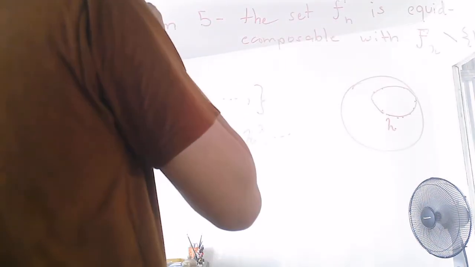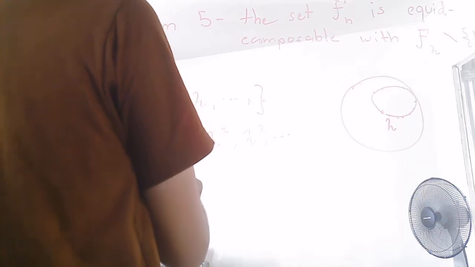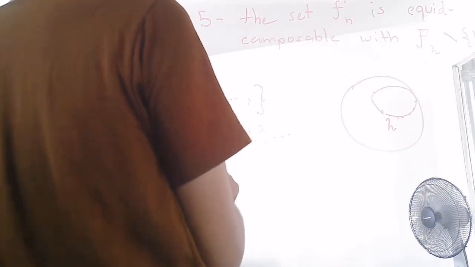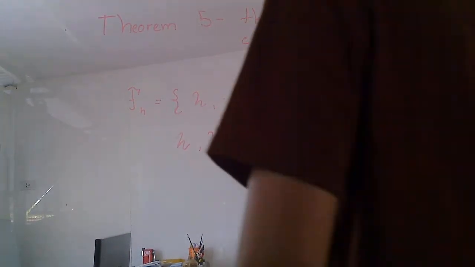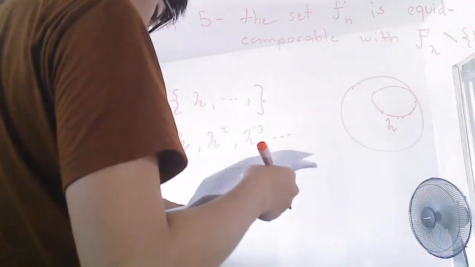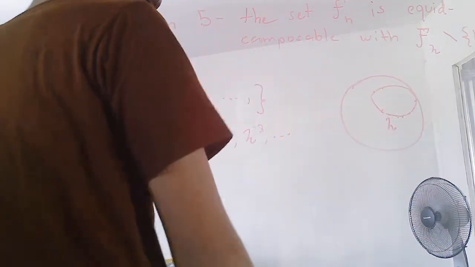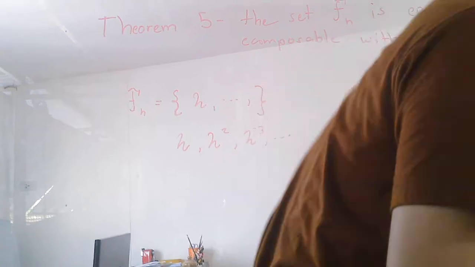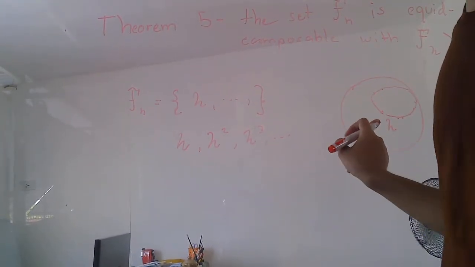What we want to do now is apply some rotation or function that sends this onto H squared, onto H cubed, and so on and so forth. So we will find some rotation of this embedded circle such that the center disappears.